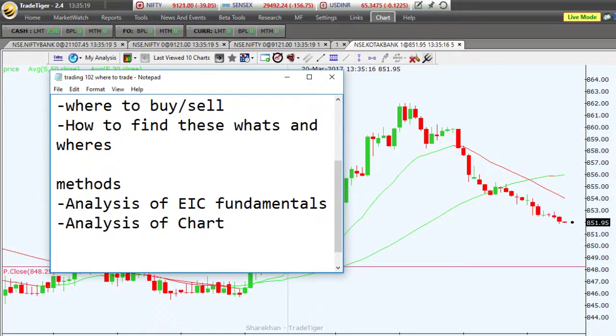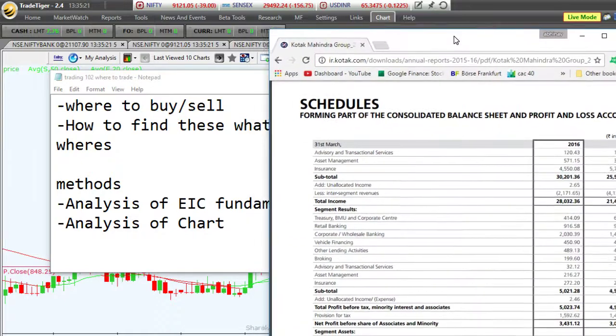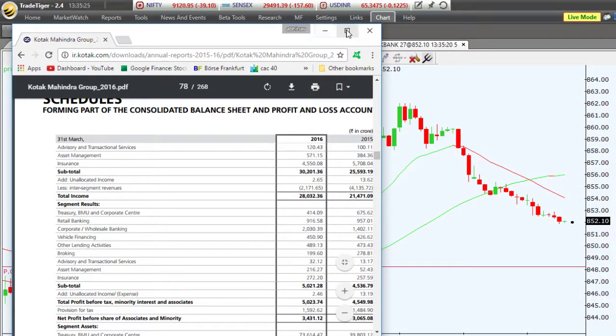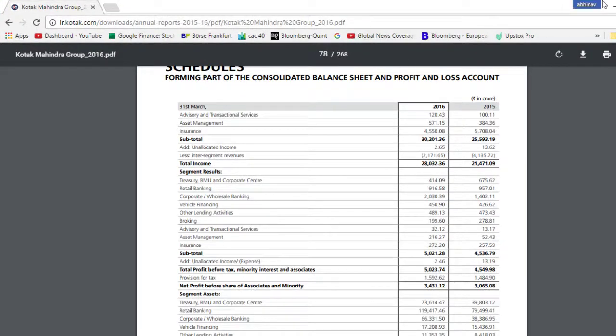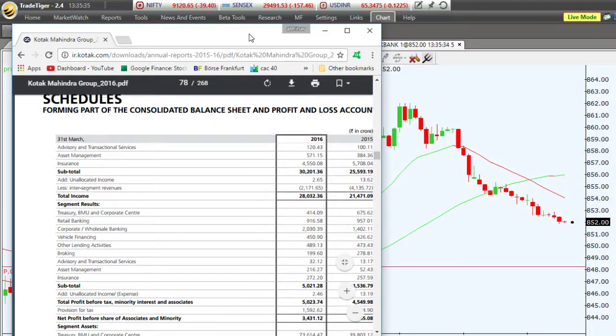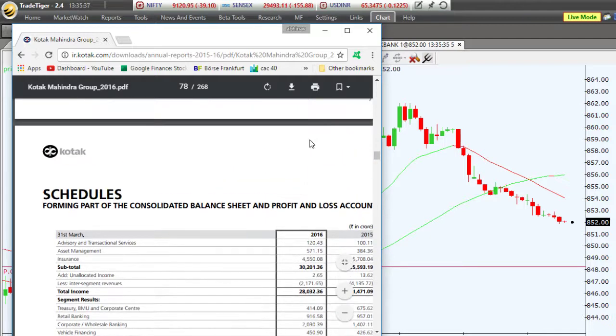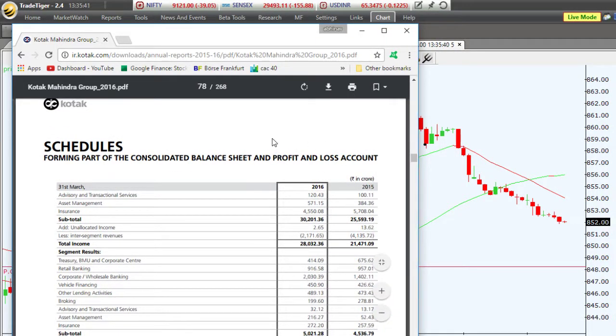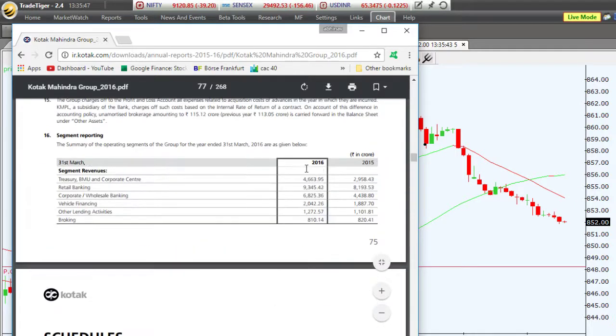So if we are thinking of buying something, let's look at how Kotak Mahindra Bank is. If we want to look into Kotak and its company details, we should look at its fundamentals.